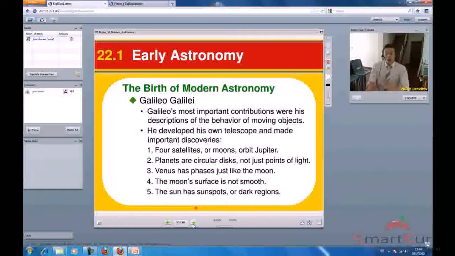Galileo is very famous for proving that Copernicus was right about the Earth revolving around the sun, and the sun being at the center of the solar system. He's also very famous because when he proved this, his ideas came up against the teachings of the church at the time, and he wanted to prove to the church that he was right.